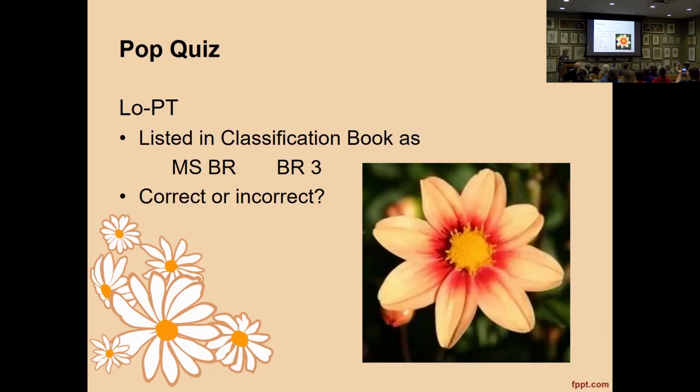Pop quiz, low PT. It's listed as an MS bronze 3, mignon single bronze, bronze 3. Is that correct or incorrect? It should have the eye zone listed. So it would be a slash and then lowercase and the eye zone colors.